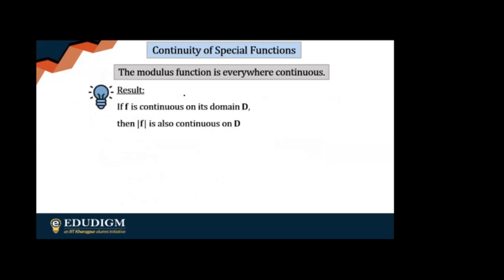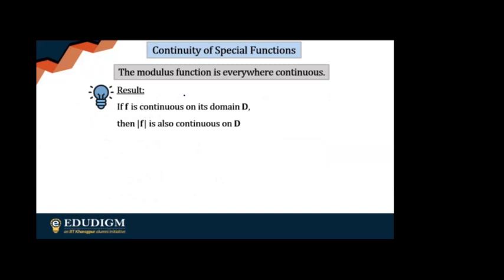Some more results. The modulus function: the mod function is everywhere continuous. As we said, we are going to explore the continuity of the functions that we see a lot around us. There's a result that we are going to use here to prove this.